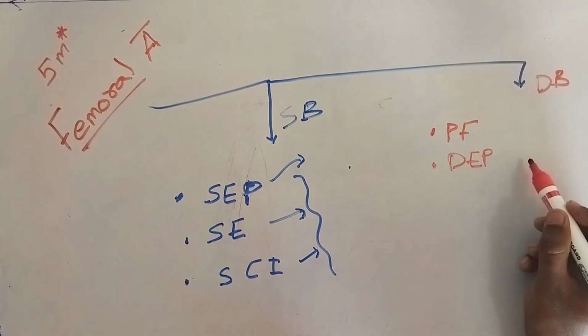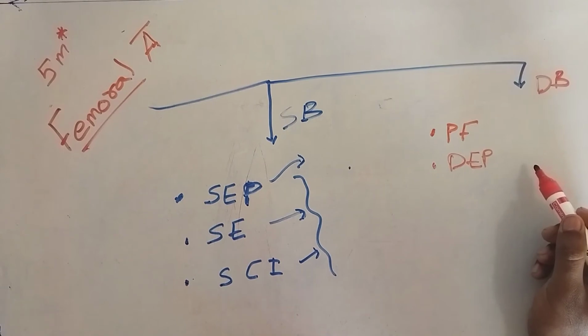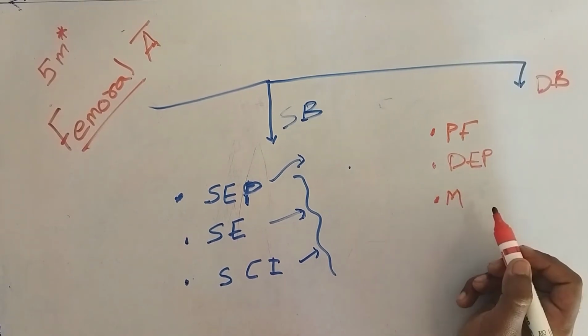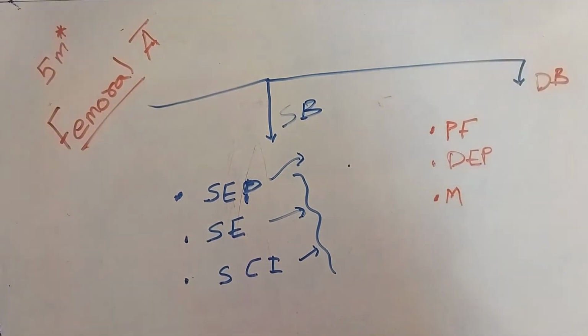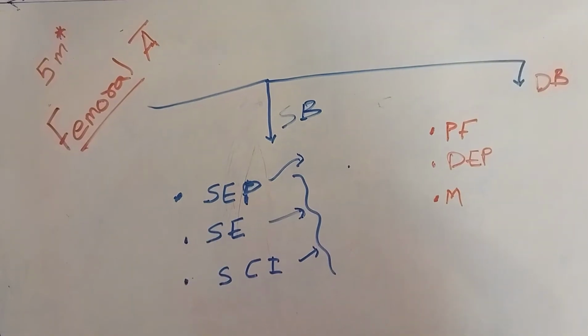This artery supplies the external genital organs, that means the scrotum, clitoris, and so on. Third one is the muscular branch. These are the three deep branches of the femoral artery.